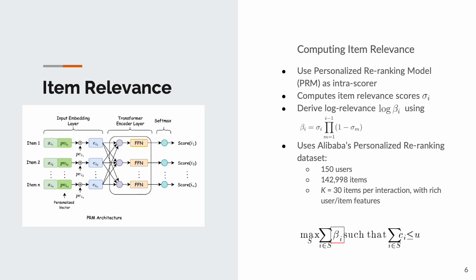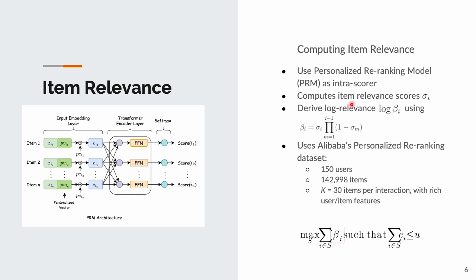To get the slate generation probability and design rewards on clicks, we need to compute item relevance. For this reason, we employ a personalized re-ranking model to generate item relevance scores denoted by sigma i for the ith item. The model learns a personalized vector representation of the items and captures user-item relations via transformer encoder layers on top of the item and user embeddings created from raw features.